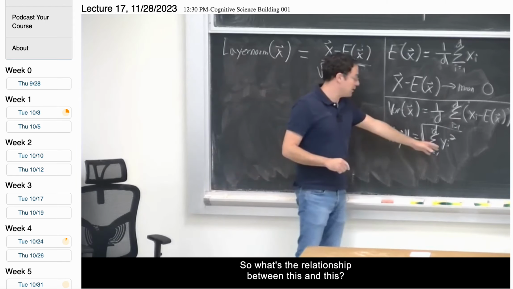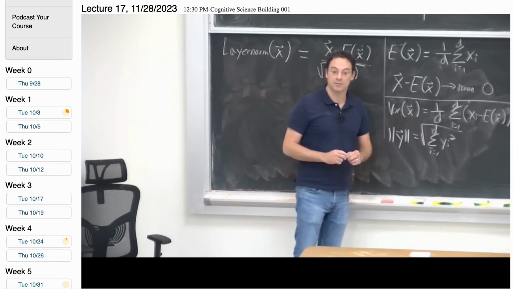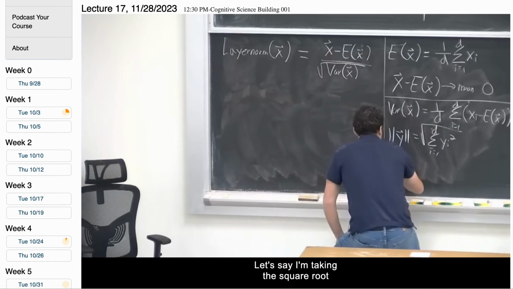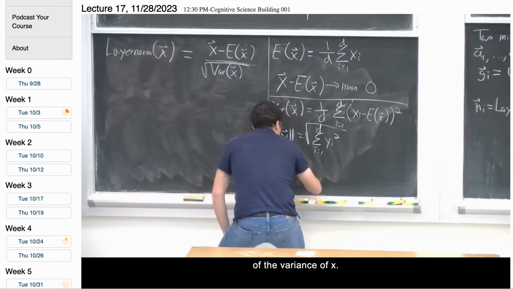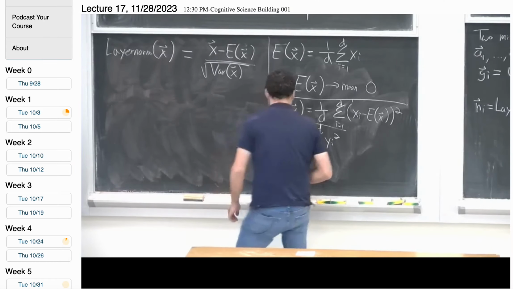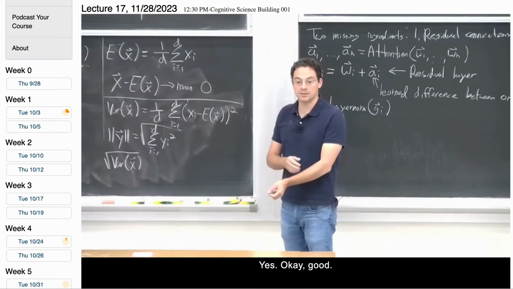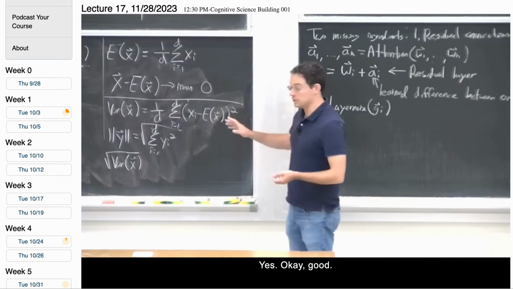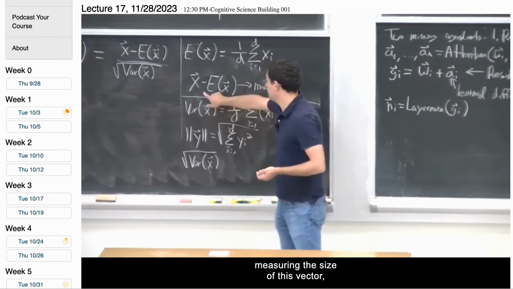So what's the relationship between this and this? Again, ignore the 1 over d out front. So let's say I'm taking the square root of the variance of x. Okay, good. So what this is doing is measuring the size of this vector.